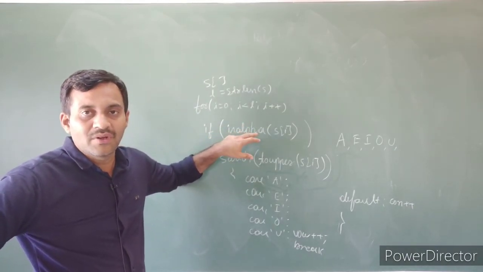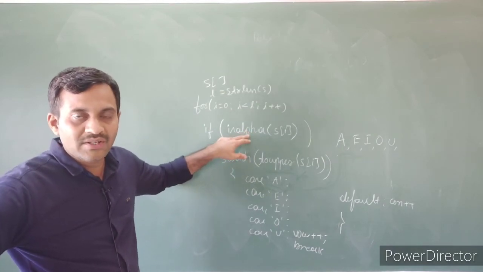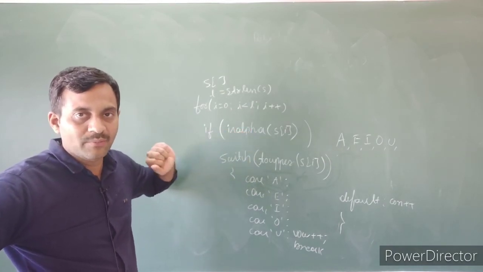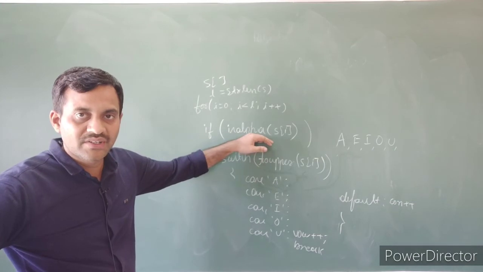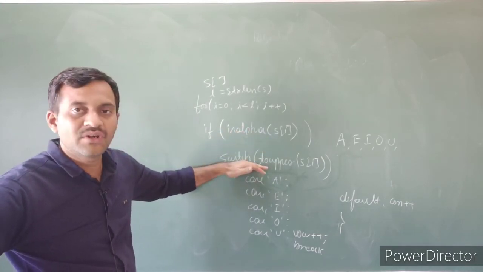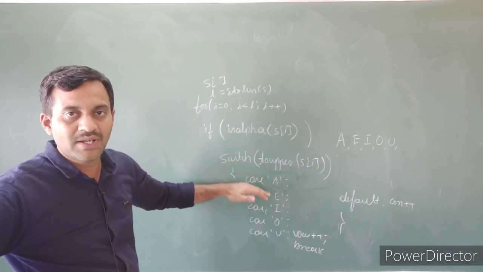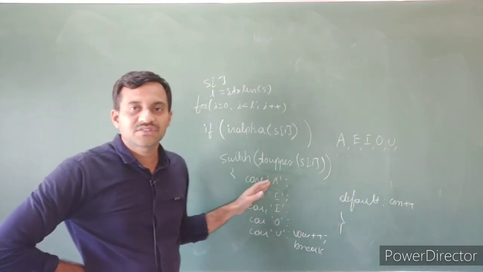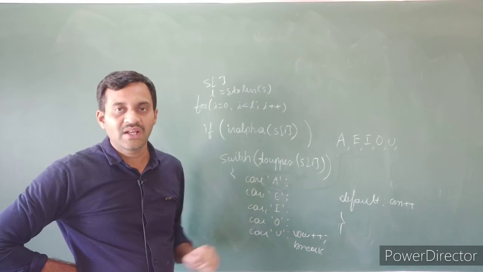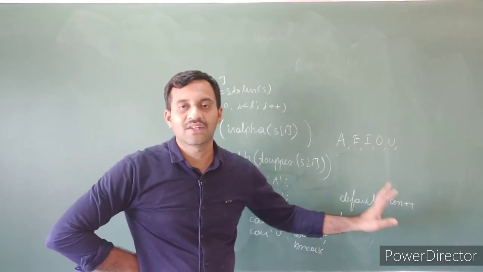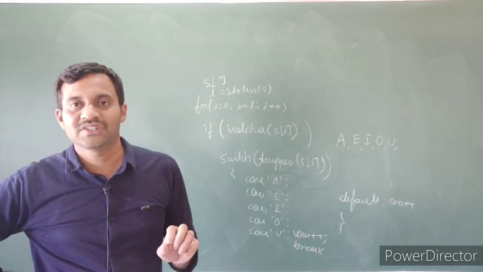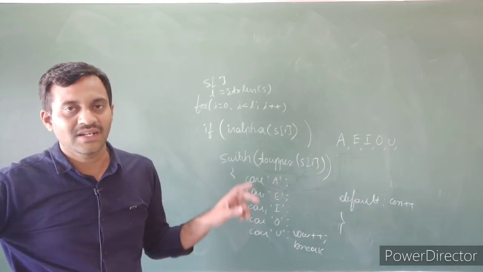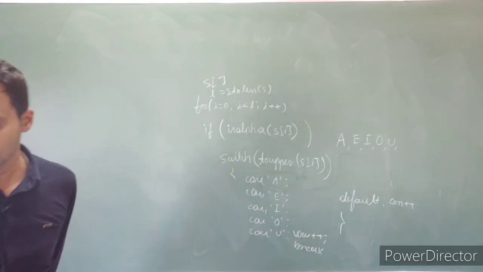It returns 1 when the given character is an alphabet. If it is, we convert it to uppercase and verify whether it belongs to the vowels. If it does, increment the vowel; otherwise, increment the consonant. That is the procedure of the program. Let's write the program.